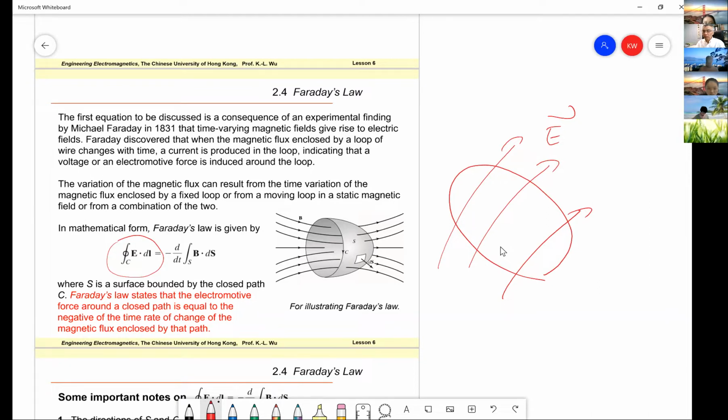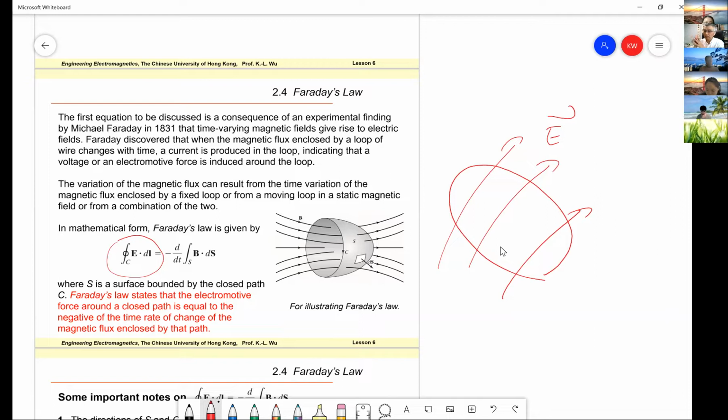The difference between EMF and voltage is that voltage is the line integration over a finite length between point A and point B, so not a closed loop, but EMF is the integration along a closed loop, starting from a point and ending at the same point.